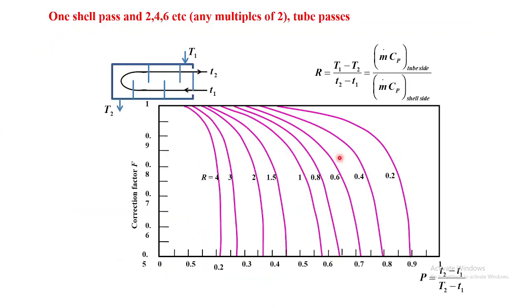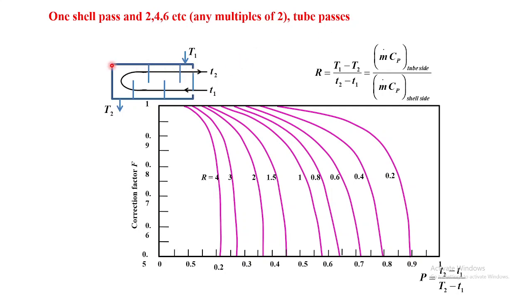Now the value of correction factor F can be found in the form of charts, and these charts vary from type to type of cross flow or multi-pass heat exchanger. The chart shown in the figure is for one shell pass and 2, 4, 6 or any multiple of 2 tube passes.